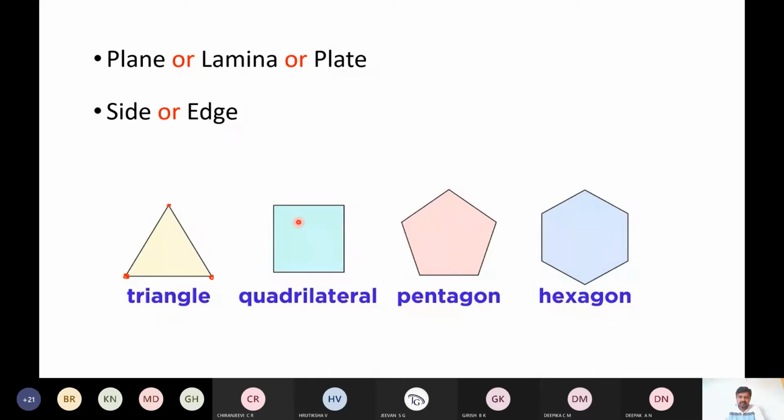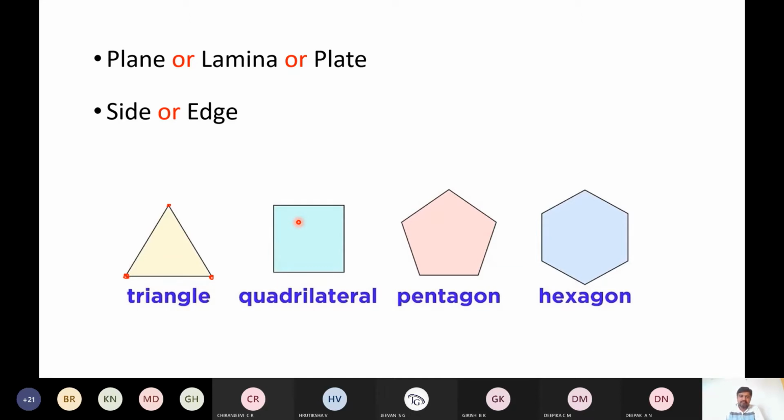Similarly, in projection of planes also, initially we must be able to draw the true shape of the given plane or given polygon. Irrespective of the conditions which we need to satisfy, initially we must be able to draw its true shape. We are able to draw its true shape when we hold the plane parallel to the horizontal plane or vertical plane.